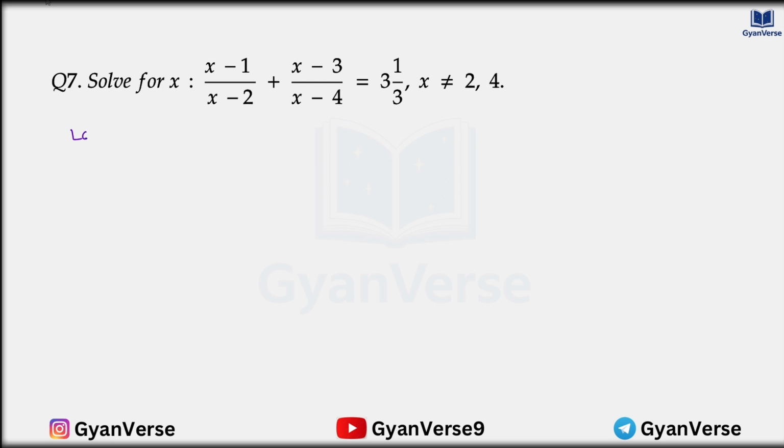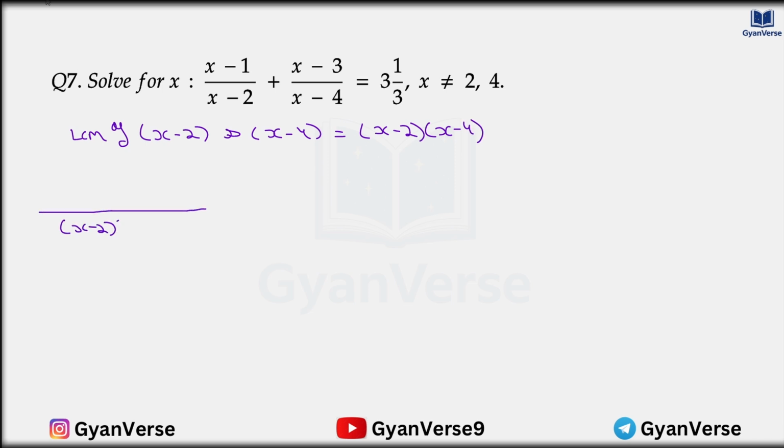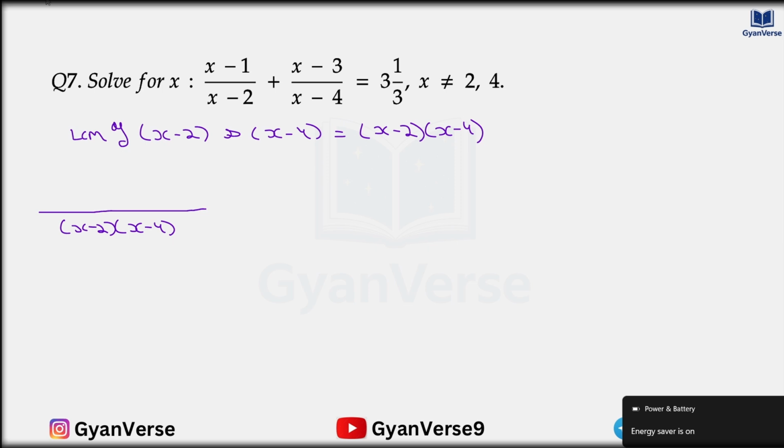So we will take the LCM of x minus 2 and x minus 4, which will be equal to x minus 2, x minus 4. The first term already has x minus 2, so I will multiply x minus 4.